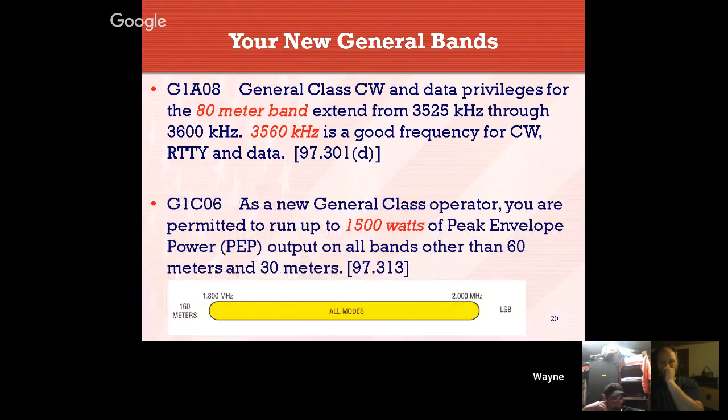All right, you're a new general class operator. You're permitted to run up to 1,500 watts of peak envelope power output on all bands other than 60 meters and 30 meters. A little chart down there shows the 160-meter band, which extends from 1.8 megahertz, or 1,800 kilohertz, up to 2 megahertz.